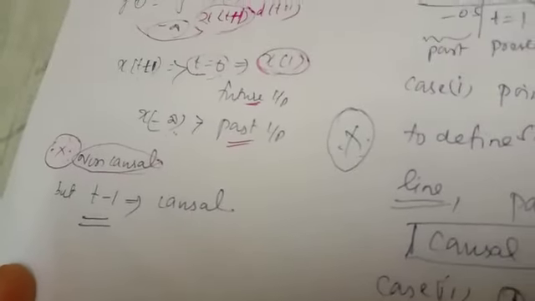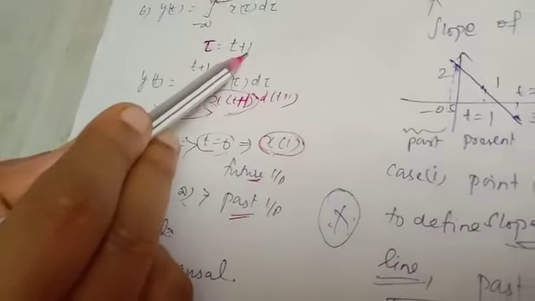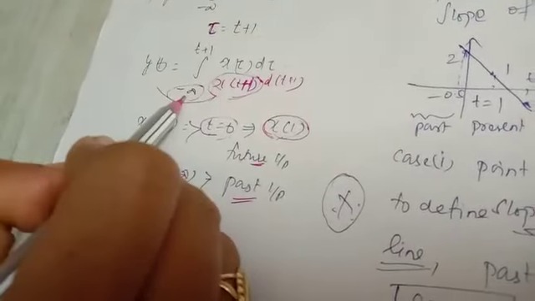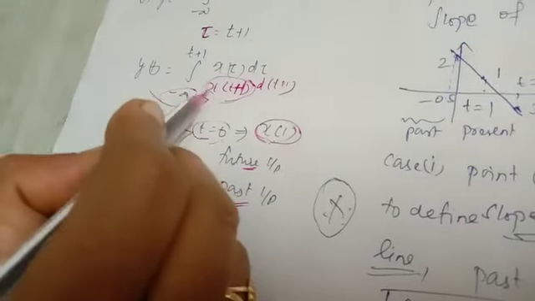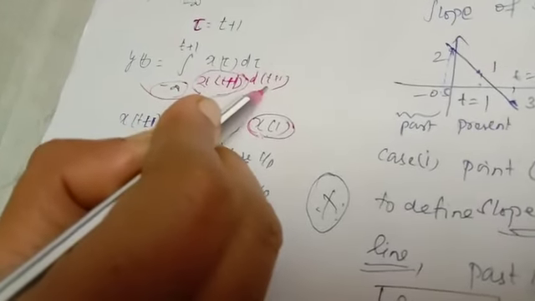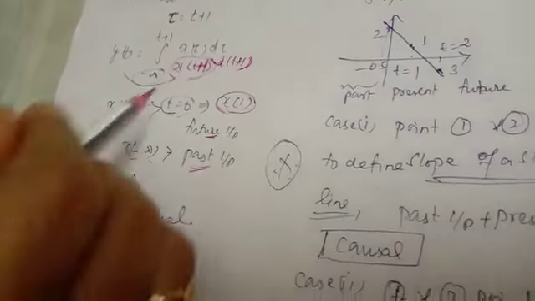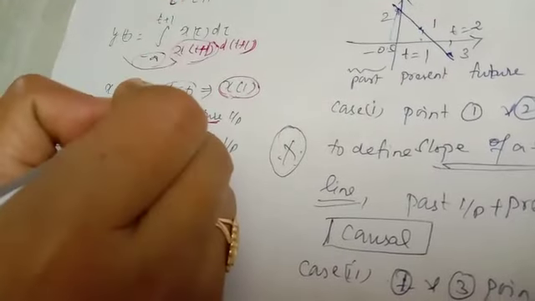Similarly, I repeat the last step alone. We replace tau by t plus 1, so we get y of t on the left-hand side and on the right-hand side the integration from minus infinity to t plus 1 of x of t plus 1 into d of t plus 1. Integration is nothing but finding the area and the value. For example, take t equal to 0, only one value.